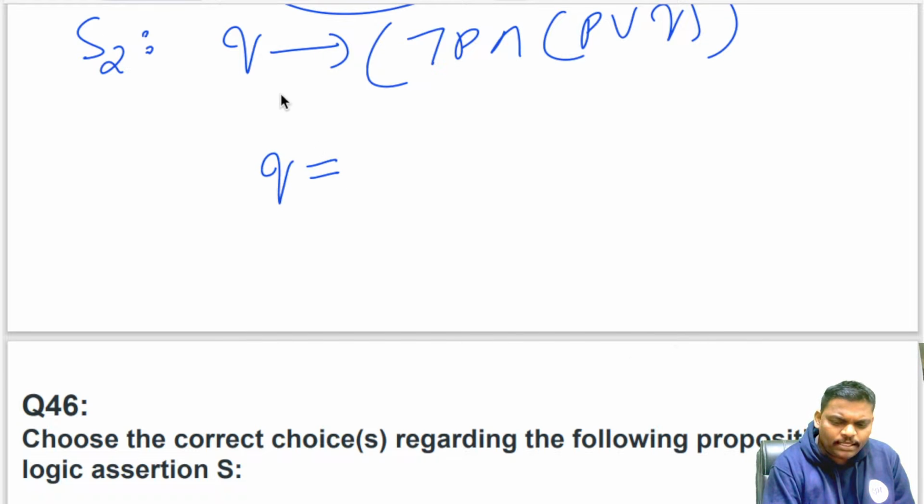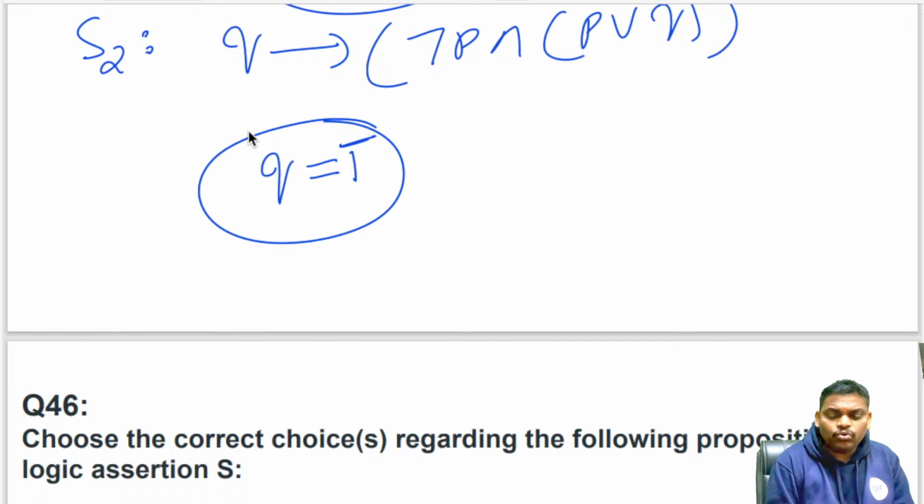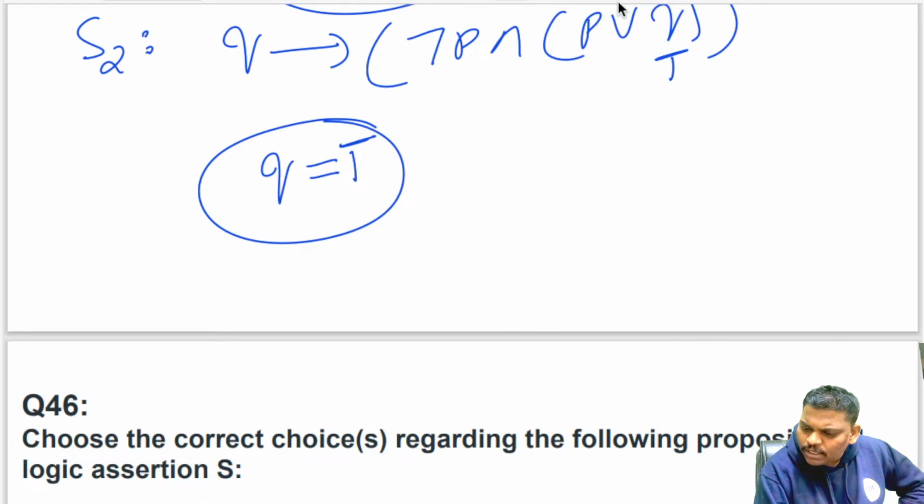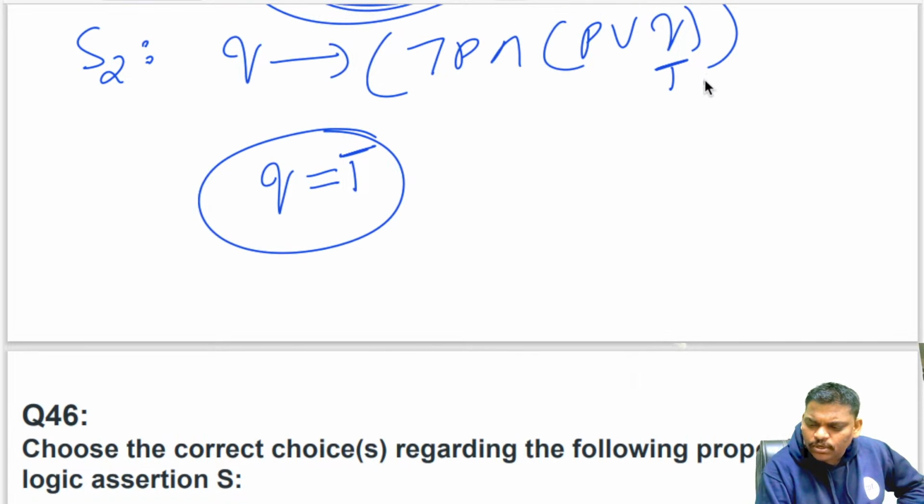Left side true means Q is true. If Q is true, the OR part becomes true, because it is the OR operator.